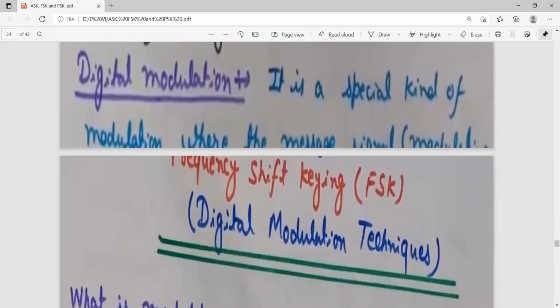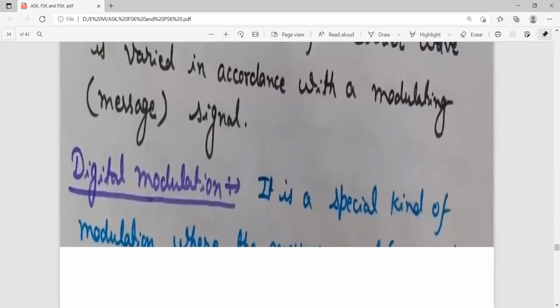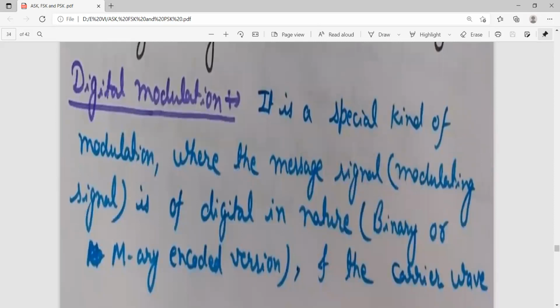Now coming to digital modulation. Digital modulation is a special kind of modulation where the message signal, that is the modulating signal, is digital in nature. That is, the information is in the form of zeros and ones.